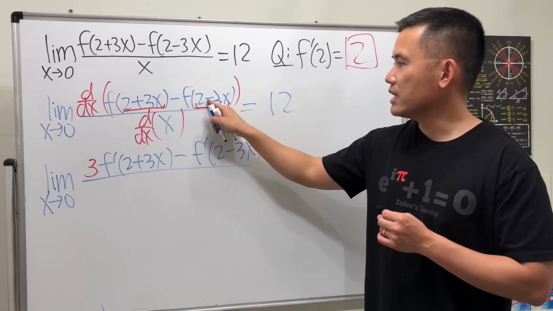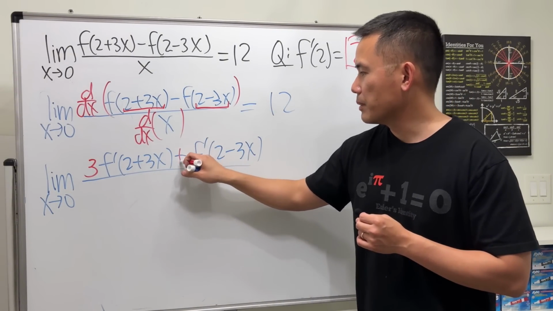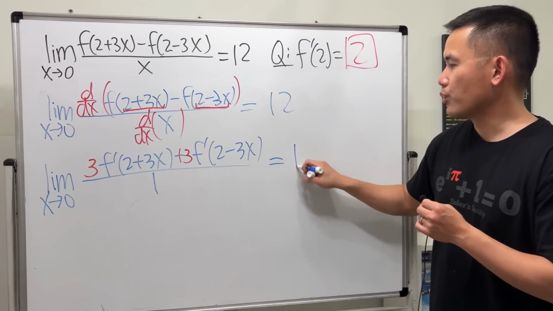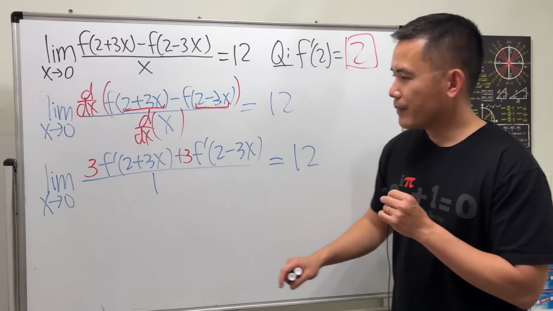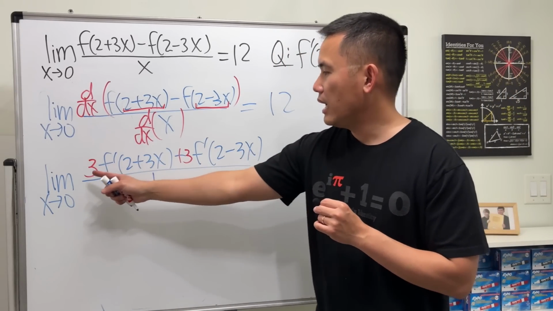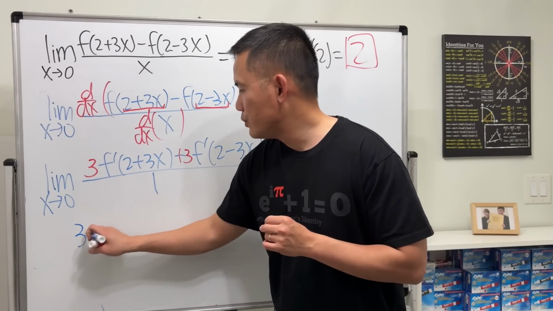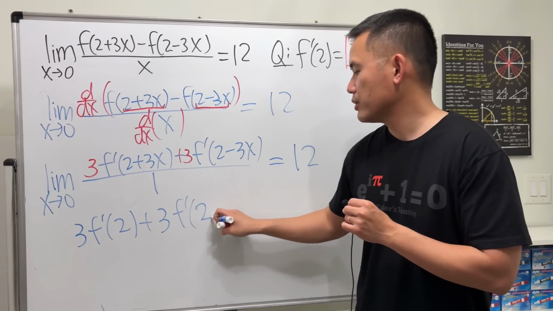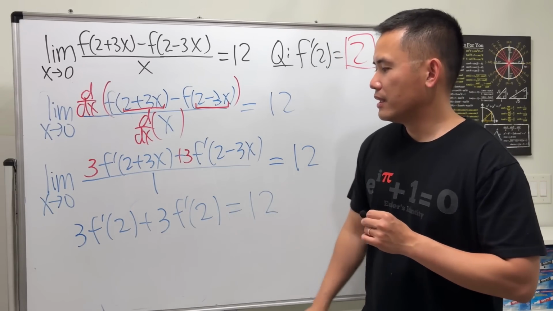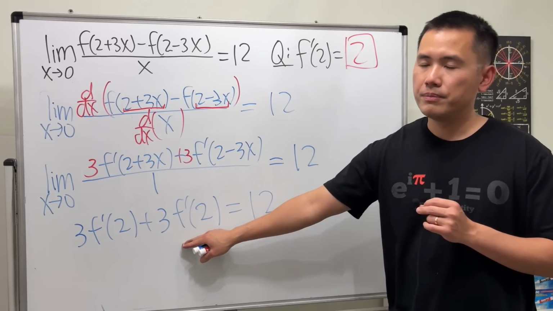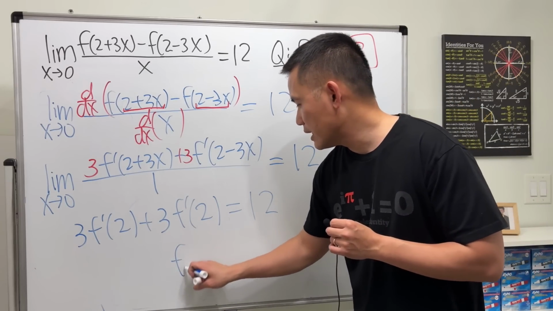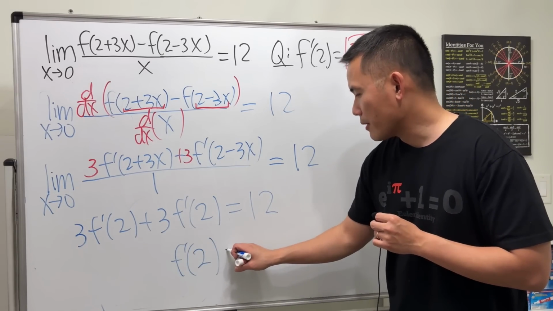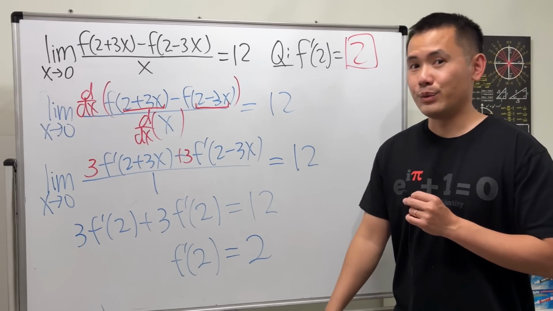The derivative of negative 3x gives us negative 3, so that becomes a positive 3 over just 1, and this right here is equal to 12. Now, put 0 into here and here. On the top, we are getting 3f prime of just 2 plus another 3f prime of just 2. That's equal to 12. That means 6f prime of 2 is equal to 12. You can reduce that to f prime of 2 is equal to 2. And then we are done.